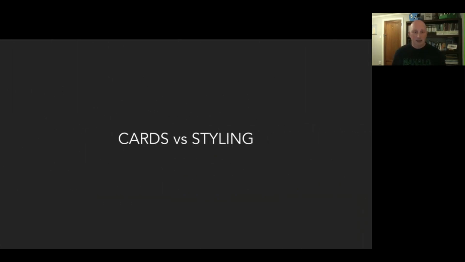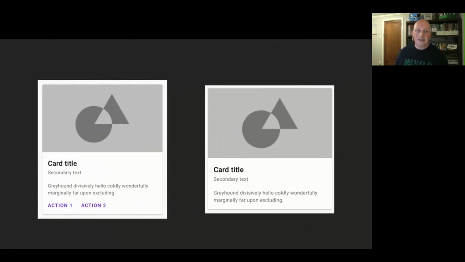Next, cards versus styling. One of the common trends nowadays is to use cards. Take these 2 cards, for instance. The card on the left has the action 1 and action 2 buttons and links, but card 2 doesn't. So imagine, what does the user click on card 2? Is it interactive? Do they click on the picture? Do they click on the card title?